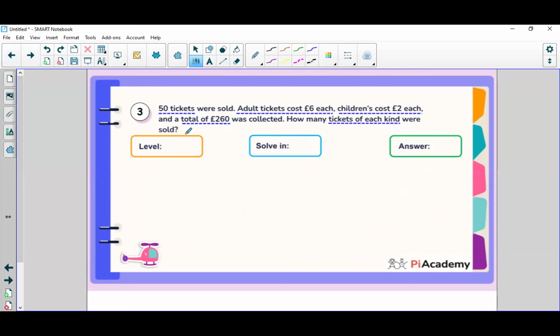Okay, so the total number of tickets is 50. Now what we can consider here, first of all, two types are given here, the adult and the child.